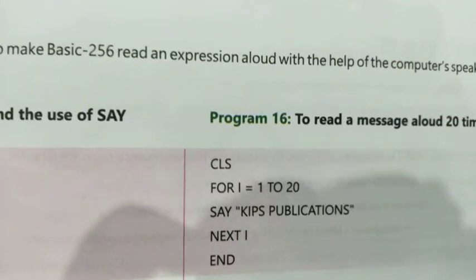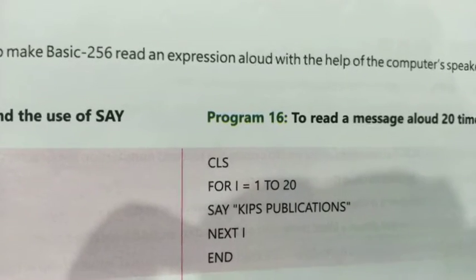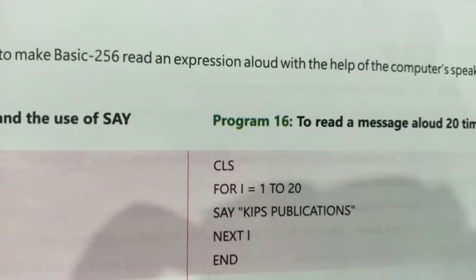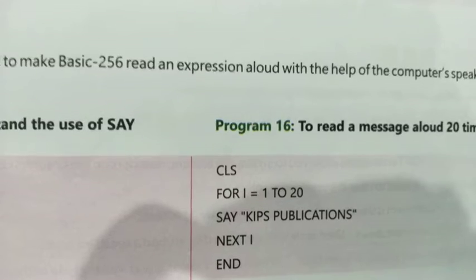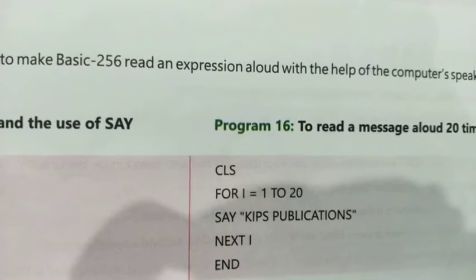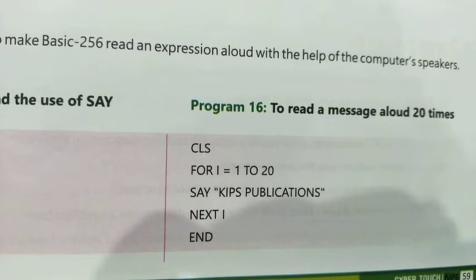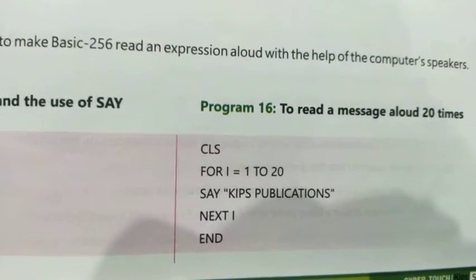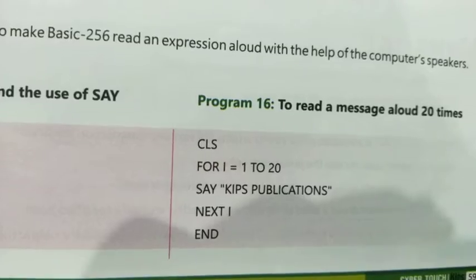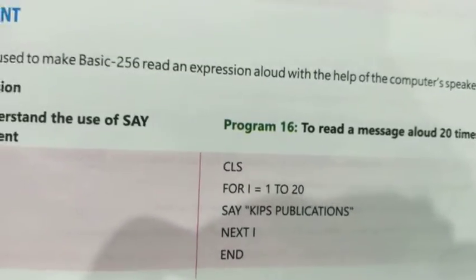For example, CLS, FOR I = 1 TO 20, that is the loop, SAY "keeps publication", NEXT I, END. When you execute this program, the computer will say "keeps publications".